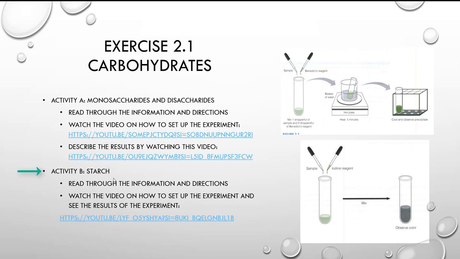So remember, starch is a polysaccharide, and so to figure out the presence of starch, we're going to use iodine. So iodine, basically, you're going to watch a video again on how the experiment was set up. Very similar to the Benedict's reagent, where they just drop the iodine into a test tube along with the sample.